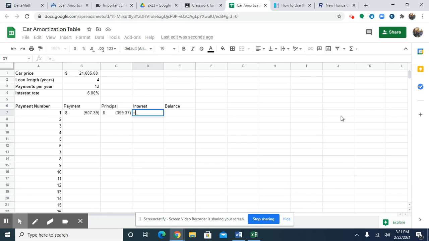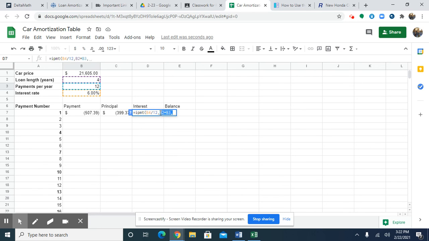And finally, we're going to calculate the interest rate. So IPMT. It's going to use the same arguments that we did in the principal. So I'm going to highlight the 6% and divide it by 12. I'm going to take B2 and multiply that by B3.